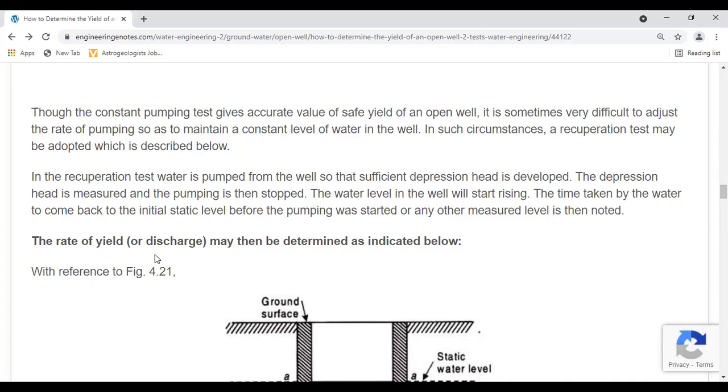Here, let the water level be depressed by H1 through pumping. After a time of T hours, let the depression head be H2 meters. Let H be the depression head in the well at a time T after the pumping stopped.